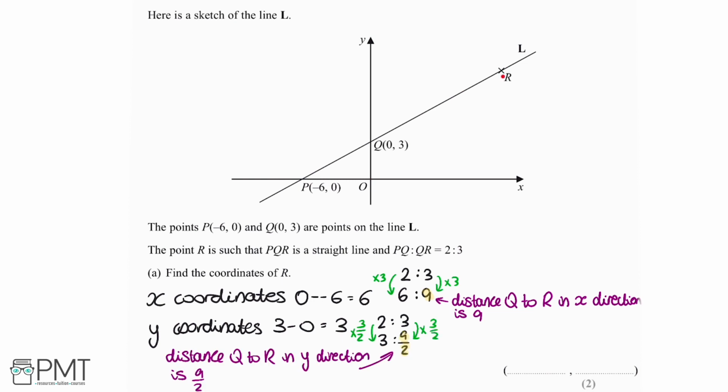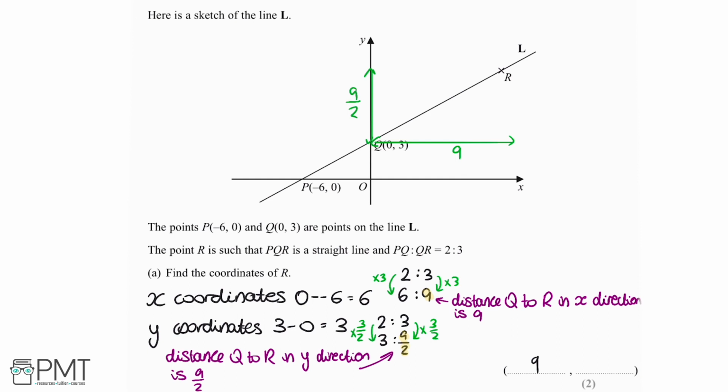Look at R. We want to know its position on the x-axis and its position on the y-axis. We know that going from Q to R is a distance of 9 in the x direction, which is the same as going from the origin to R. So the position of R on the x-axis is 9, and we can put in an x value of 9. Going from Q up to R is a value of 9 over 2.